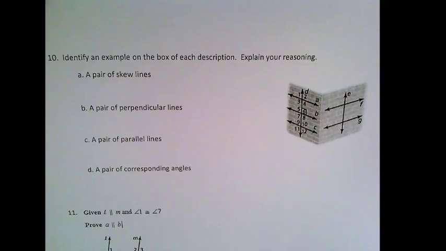D and G. Yes, D and G are on opposite planes, okay, and they're not going to intersect. So those would work. In my answer key, they have D and F, so that's what I'm going to put.